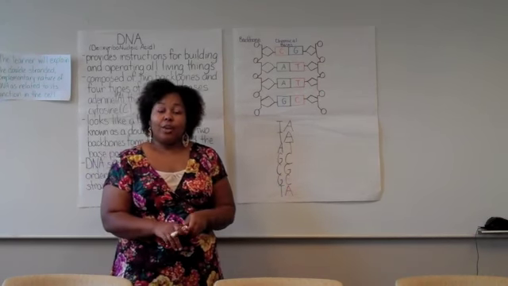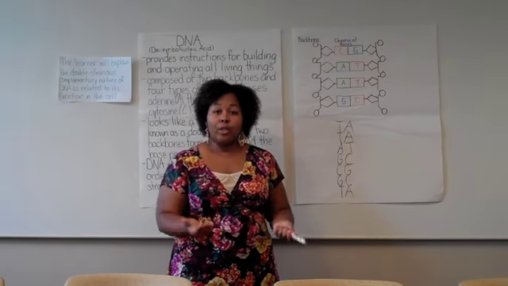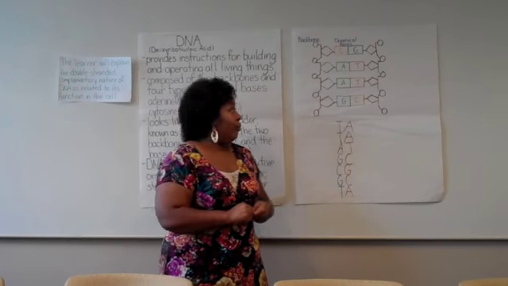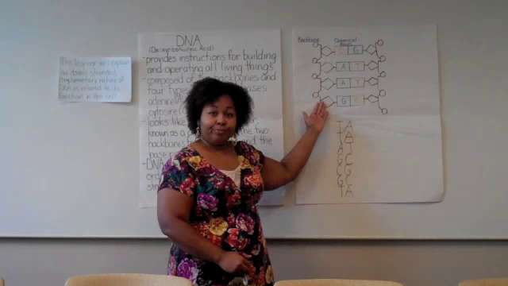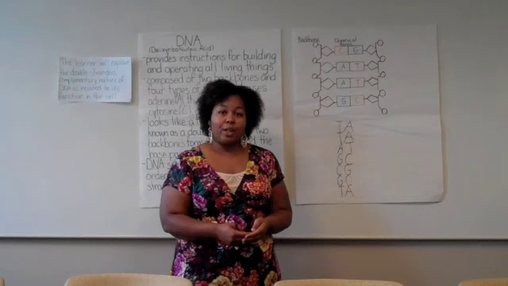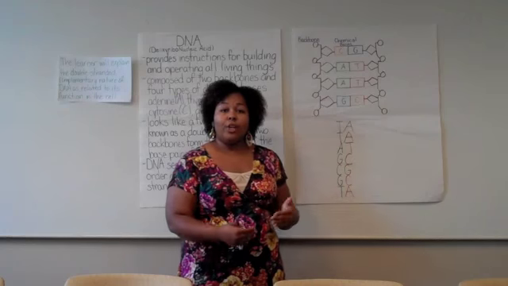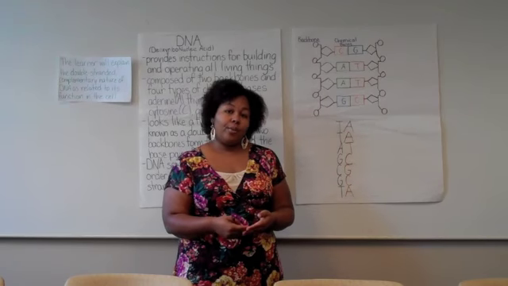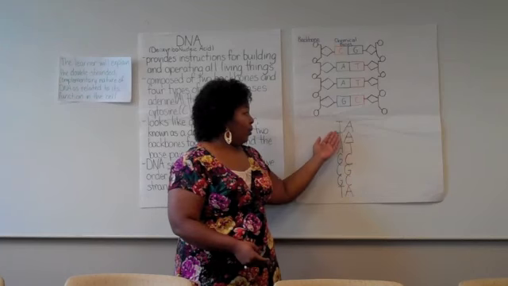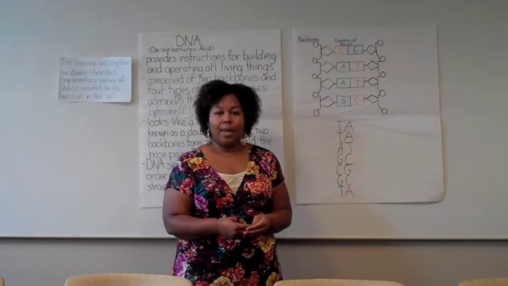So today you're going to have an activity where I'm going to pass out some Twizzlers, and the Twizzlers will form the backbone, and some colored marshmallows. And the marshmallows will serve as the chemical bases. And you will need to match your chemical bases together with their complementary chemical base.